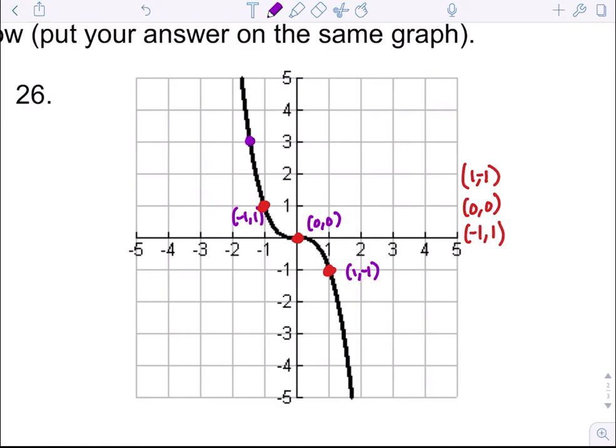That purple one I drew, that one is like negative 1.5 comma 3. And over here it's like 1.5 comma negative 3.